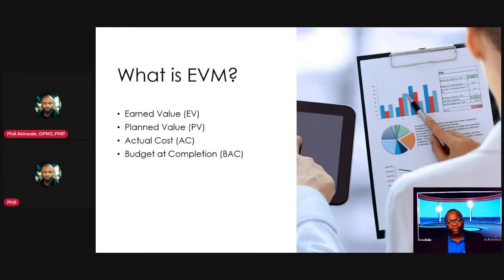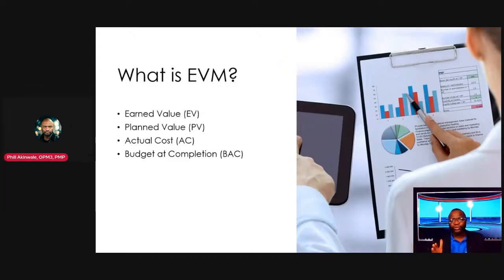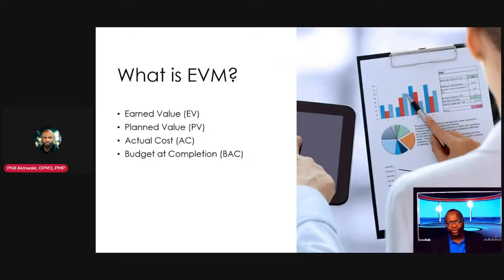I only got $5 worth of work done. You see? So they are different. For those who think they're not really different, they are different. Planned value is what you planned to get done within a time box. Earned value is what you actually got done within the time box. And the last metric, actual cost, is what you paid.